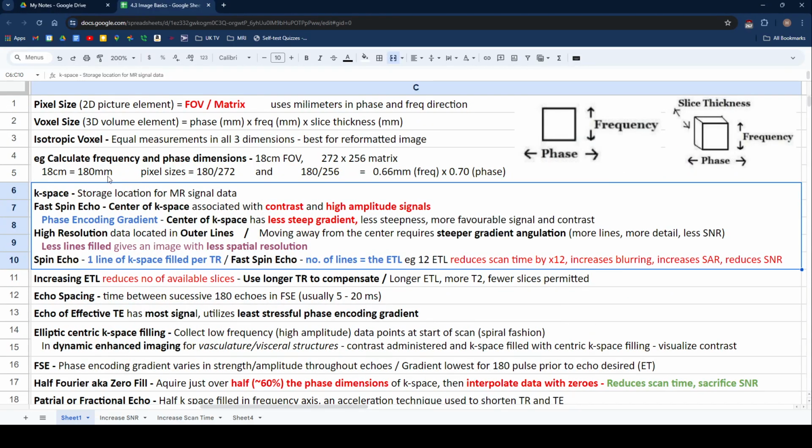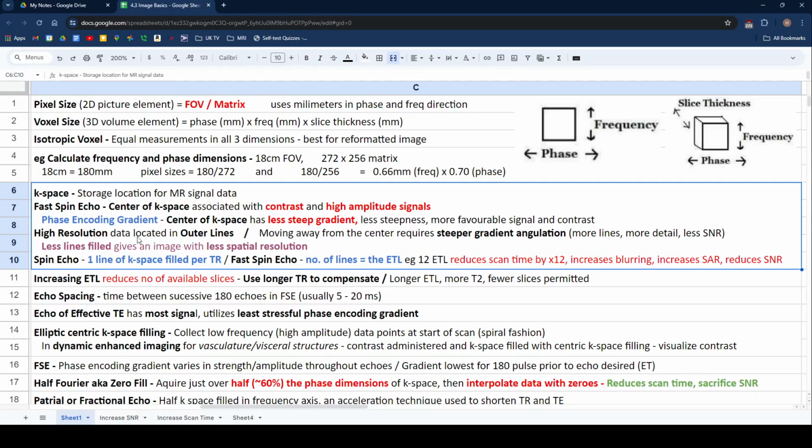K-space is the storage location for MR signal data. For fast spin echo, the center of K-space is associated with contrast and high amplitude signals. The phase encoding gradient in the center of K-space has a less steep gradient, less steepness, more favorable signal and contrast.